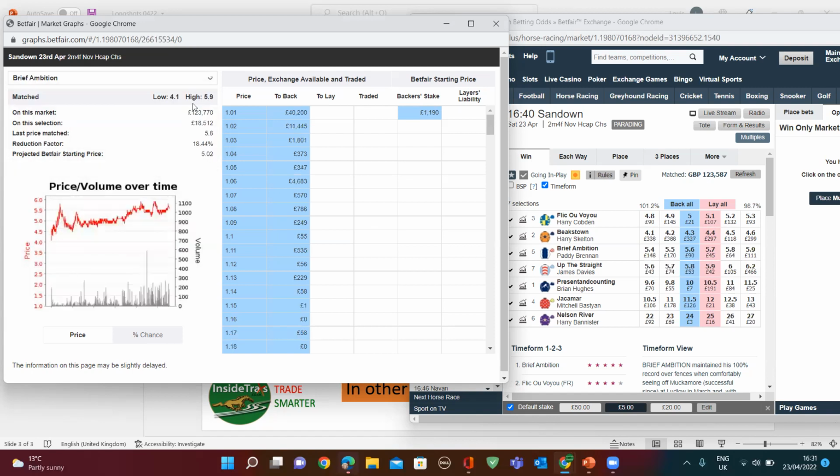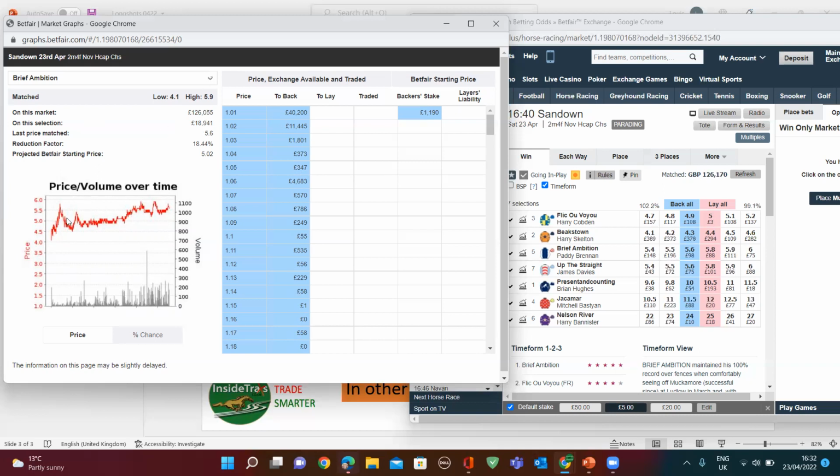Brief Ambition, you'd kind of expect it not to be overweighted because the favorite is okay weighted, and the second favorite is overweighted. So we expect this one to be underweighted. Let's see, if that was 6 and that was 20, it'd be 120, but it's not. It's 5.7 and 18, so it's slightly underweighted. Not hugely, but slightly.